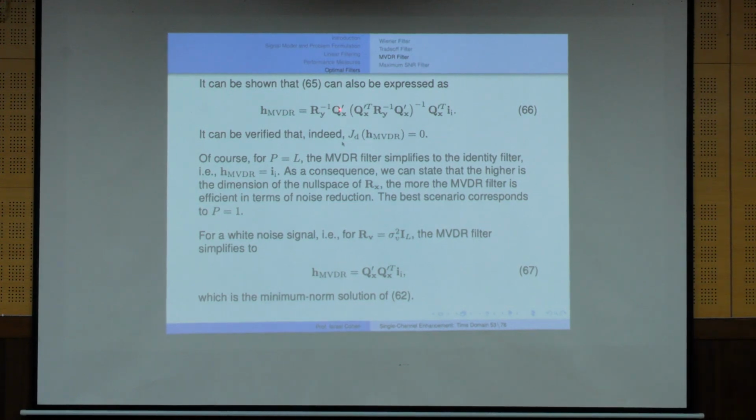By the way, if we don't know the eigenvectors of Rx, just like what you said before, it's very difficult to find, for each interval of window, the Rx, and then to find the eigenvectors that diagonalize this part of the signal.